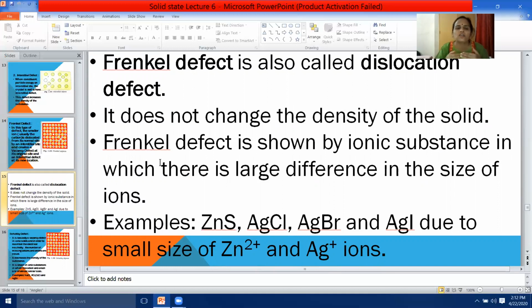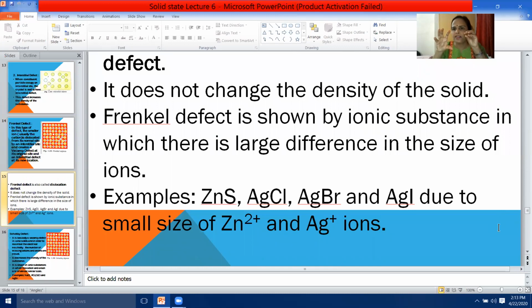The next characteristic feature of this defect is that Frenkel defect is shown by ionic substances in which there is a large difference in the size of the ions. Usually the cation is small and the anion is large.